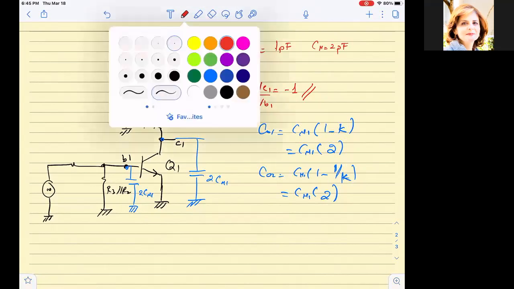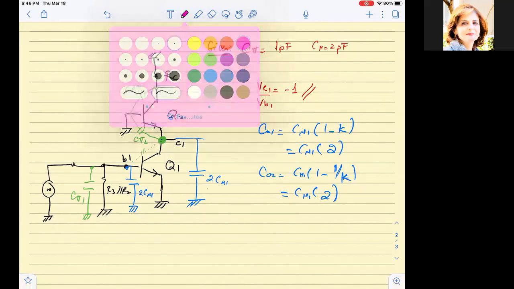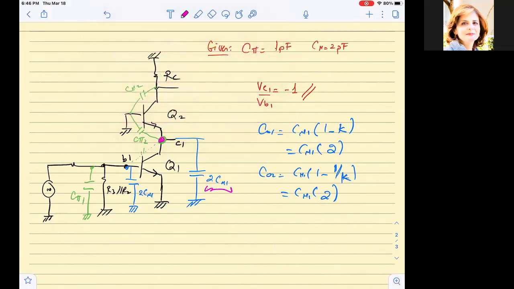Now if I want to place all the other capacitors: this one has C mu 2 here between the base and the collector, and between the base and the emitter it has C pi 2, correct. And on this node we have C pi 1, which is between the base and the ground, and we had C mu 1 that we split here, which I have now removed, between those two nodes. So what is the total capacitance at this node after I applied Miller to C mu 1, from breaking the value of CMU1, and also between this node and the ground?